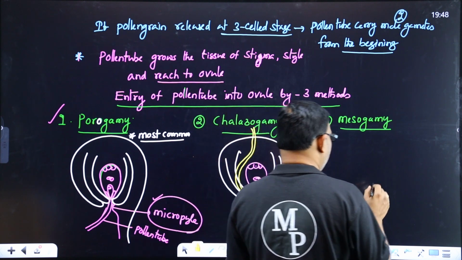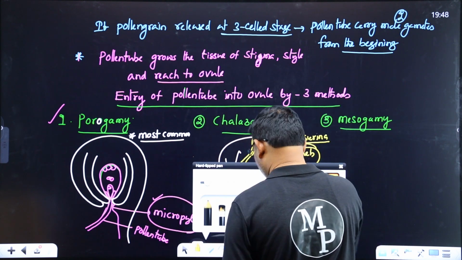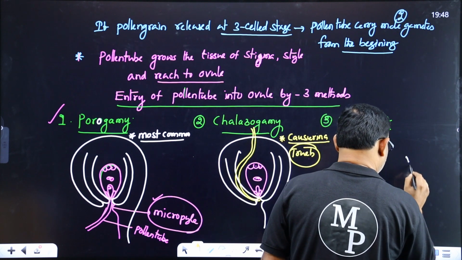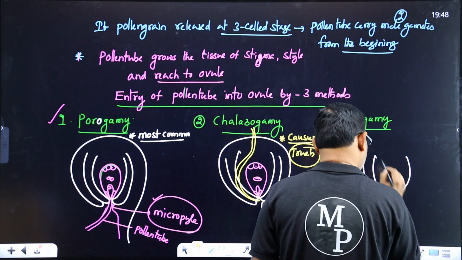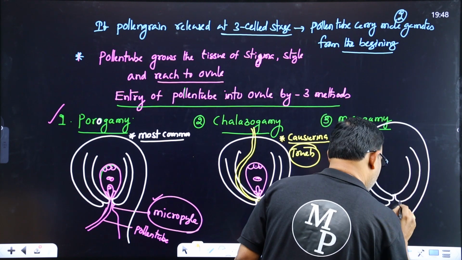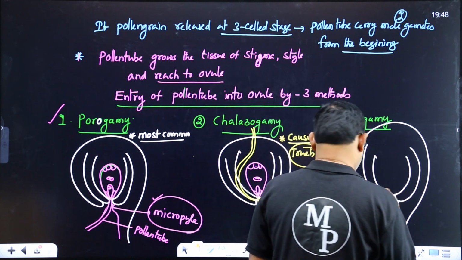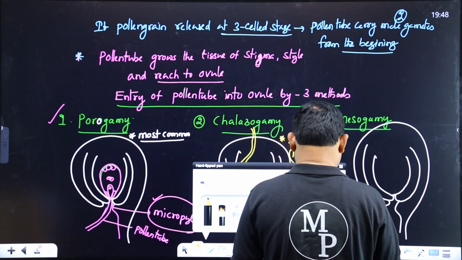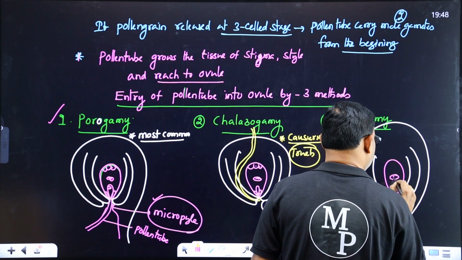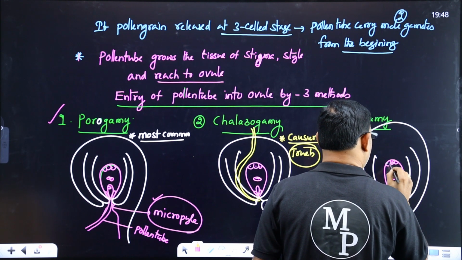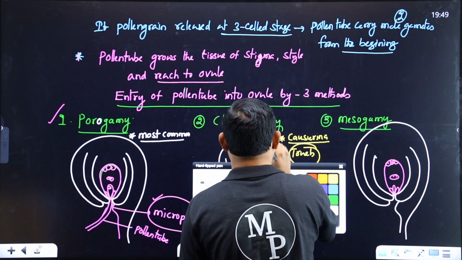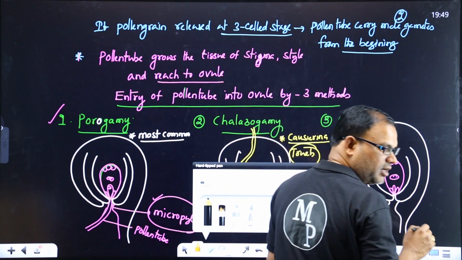Next, mesogamy. Again these are ovules, covered by integuments. Like this is the ovule structure. Inside there is an embryo sac, and these are antipodal cells. Then entry of pollen tube into the ovule: what is the mechanism?